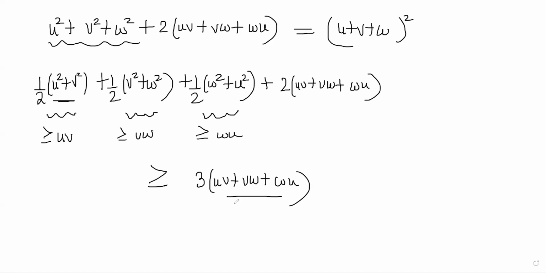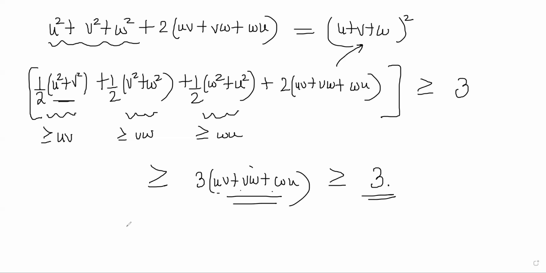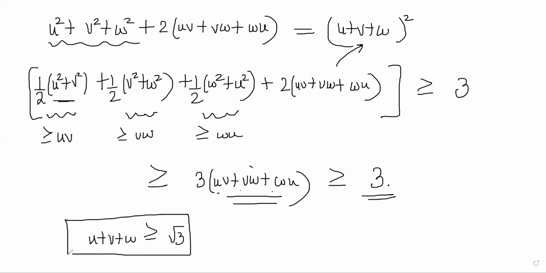And we know already that this is greater than or equal to 1. So this is greater than or equal to 3. We have proved earlier that UV plus VW plus WU is greater than or equal to 1. So we are using that here. So now we are getting that this whole expression is greater than or equal to 3. And this expression was actually equal to this. So we can get that U plus V plus W should be greater than or equal to root 3, right?